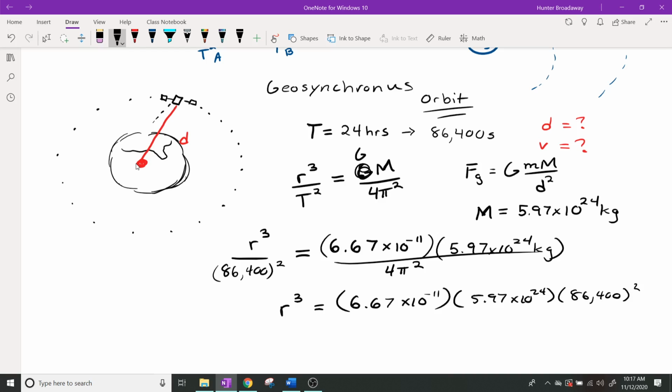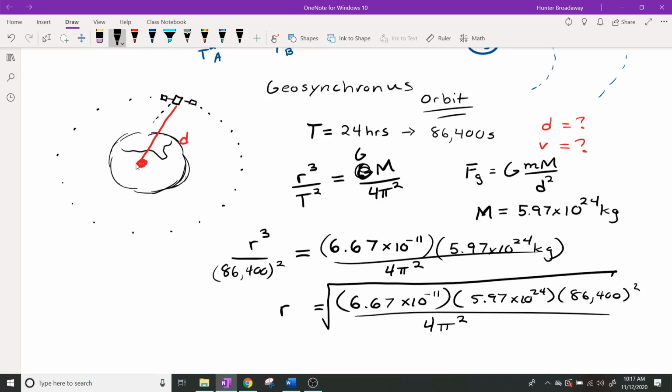If it was me doing it, I would put all that in the calculator first, hit enter, then divide that by 4 pi squared, hit enter, and then take the cubed root of both sides. So r cubed, goodbye, and then cubed root this. And that's 4.2 times 10 to the seventh meters.